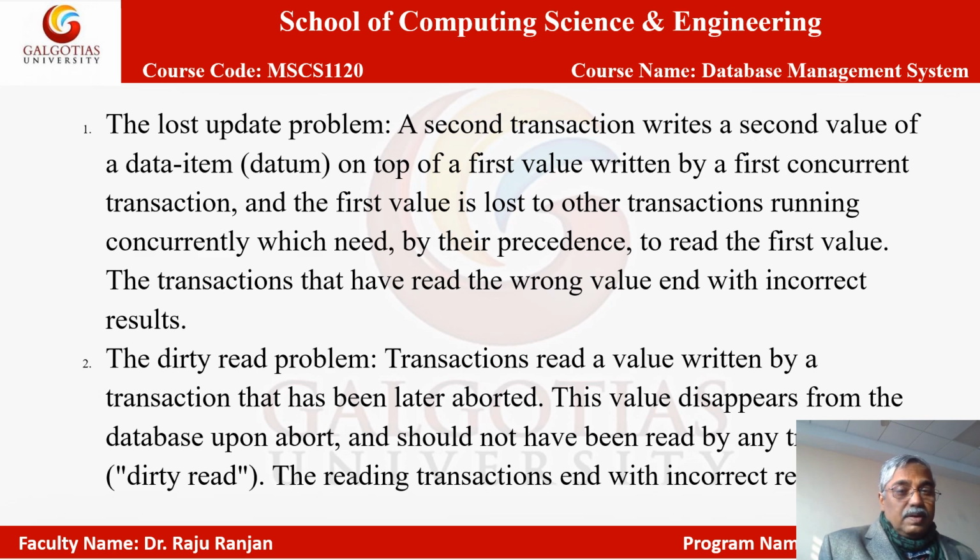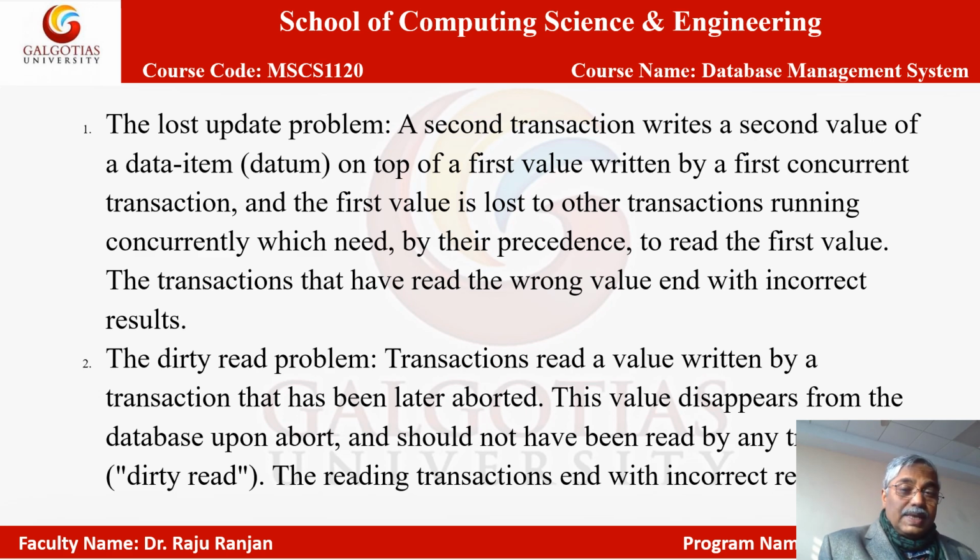What does it mean? Means two transactions are taking place at the same time. Now, one is the first transaction and the other is the second transaction. So, a second transaction writes a second value of a data item. Suppose data item is balance, on top of a first value written by a first concurrent transaction.